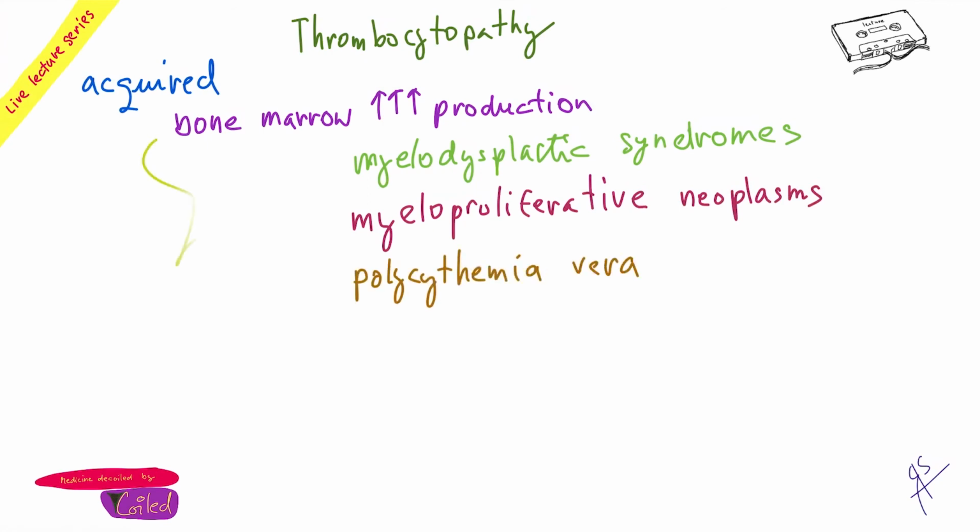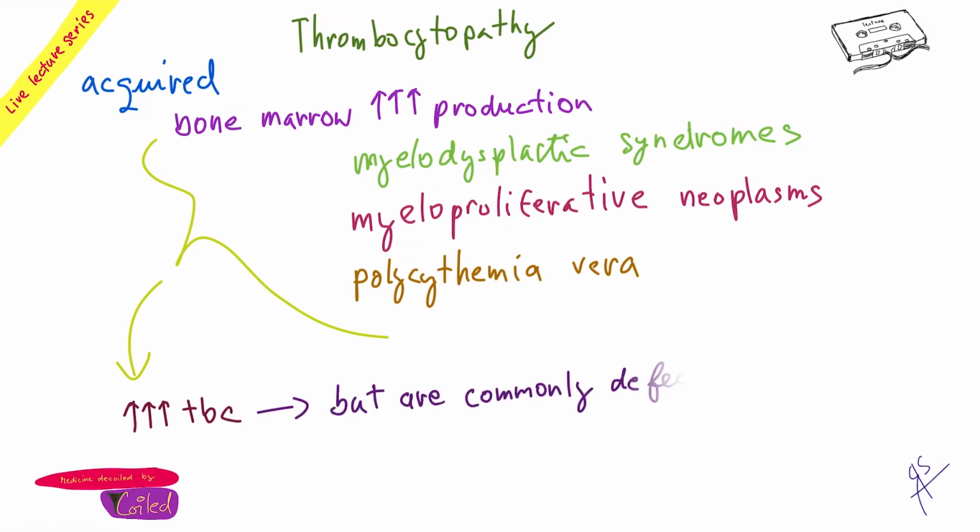Of course, the main increase is of erythrocytes, but there can be also an increase of thrombocytes. But typically, they're not made as well. They're defective and they have a thrombocytopathy. So they can bleed, although there are, for example, increased levels of thrombocytes. Every time there's overproduction and the bone marrow runs like hell, it makes bad thrombocytes. So in any of these proliferative diseases, you can see thrombocytopathy.